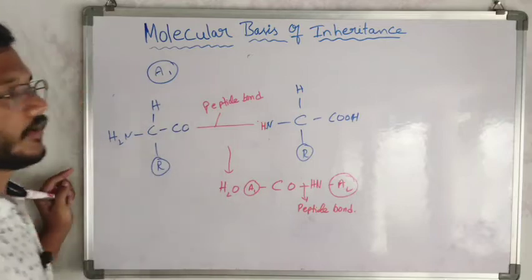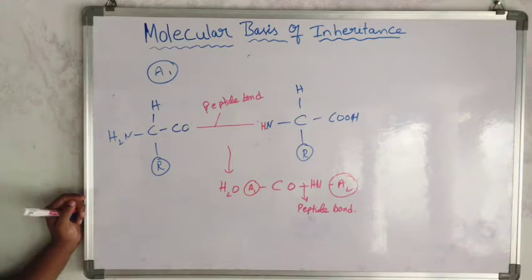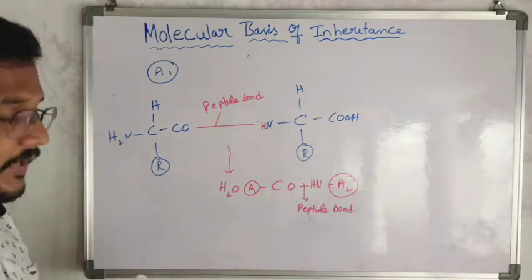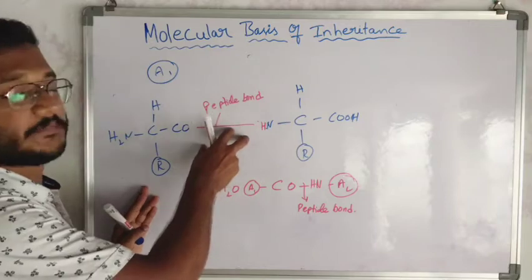Peptide bond. So here the peptide bond, we have to know, is formed by the release of one water molecule. So this is how the cement, this is one brick, this is one brick. And how is the cement established?